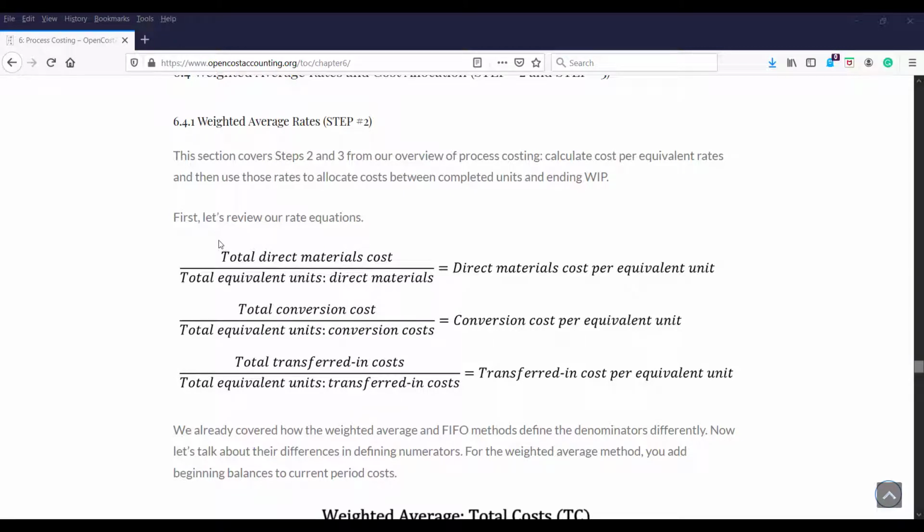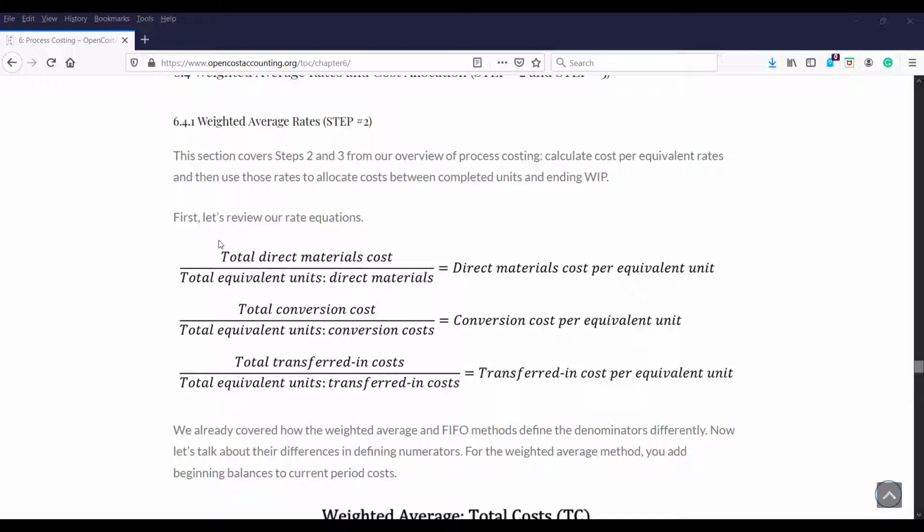So in a process costing system, I hope it is obvious that you're going to have some way of demarcating the different types of costs that you have. In our examples, we're going to have three types of costs: direct materials, conversion costs, and transferred in costs. And so you would have three different flags or codes that you would put onto a cost entry, an expense entry there. So you would have, oh, this is a direct materials cost, this is a conversion cost, this is a transferred in cost.